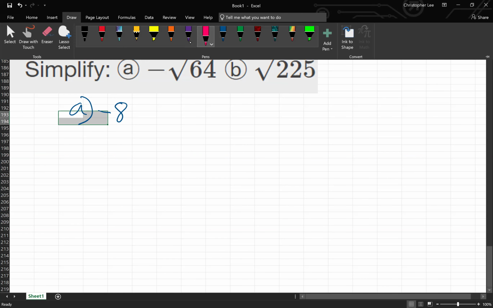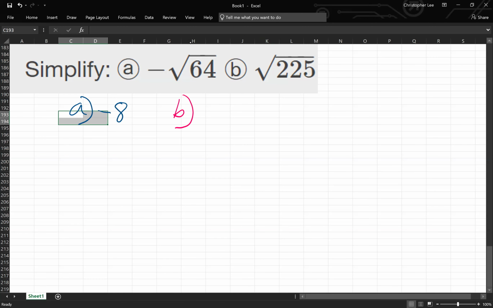What do we think for B? Square root of 225. For that one, I'll be totally honest, I'm not that sure. I'm calculating it, and it's not coming out as I think. Feel like it's 15.